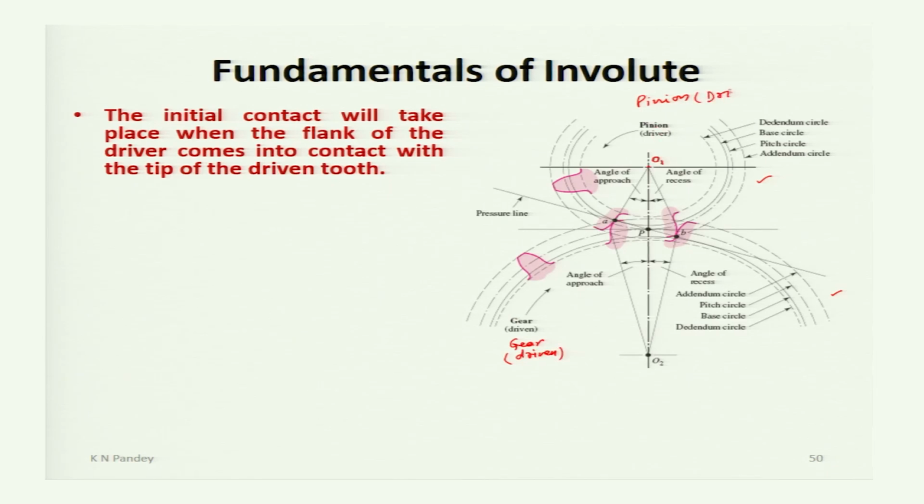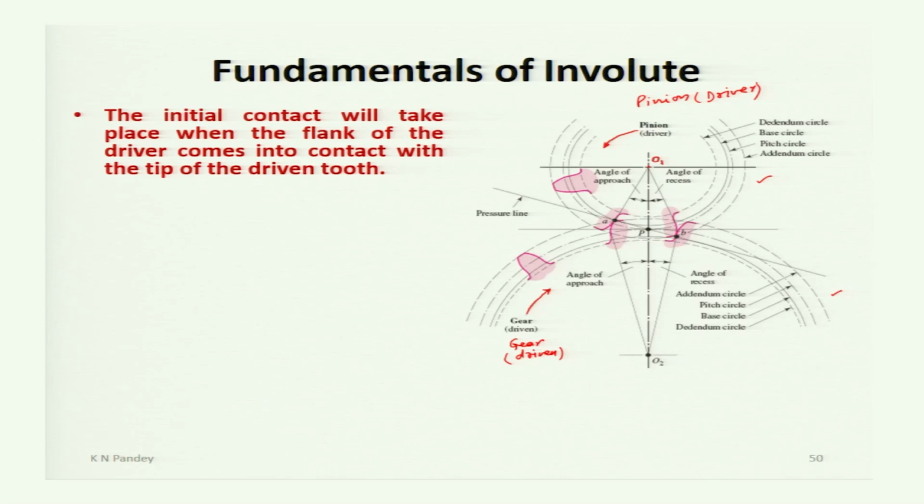The driver or the pinion is rotating in an anti-clockwise direction, and so the driven gear will rotate in a clockwise direction, opposite to the direction of the driving gear when the gears are external gears, and it is obvious that this is an example of external gear.